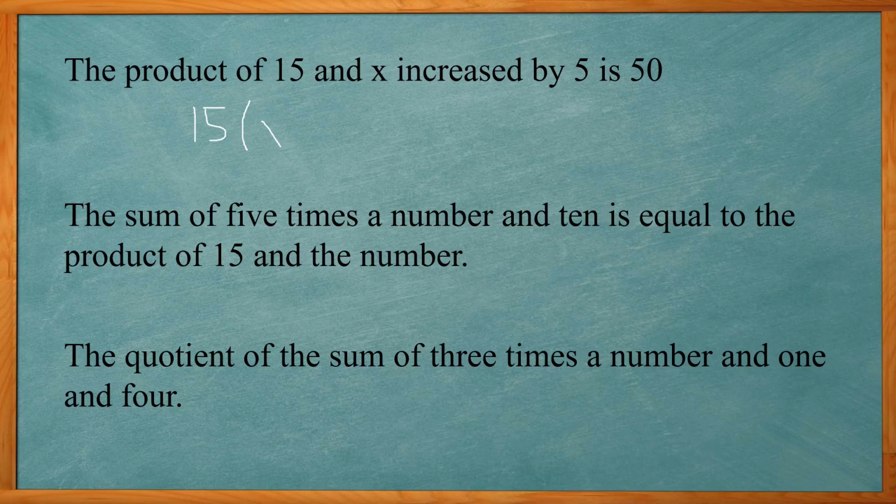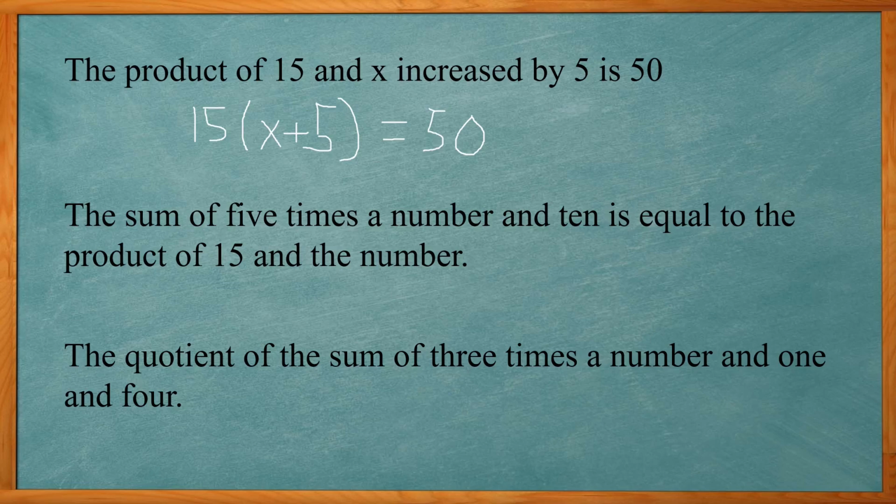So x increased by 5, x plus 5, and then is, equal sign, 50. So 15 times the quantity of the addition of x plus 5 equals 50.